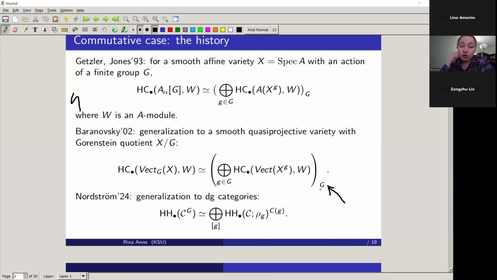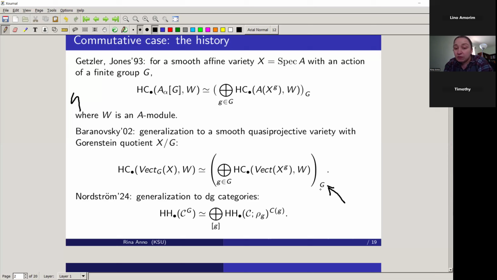If we have a finite group acting on a DG category, then Hochschild homology of the G equivariant category is isomorphic to the sum. Here the right-hand side is slightly rewritten with respect to the previous two forms, but it is the same thing.